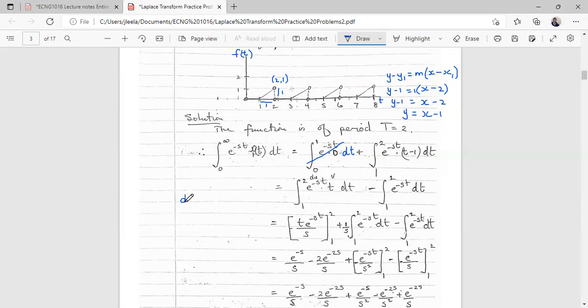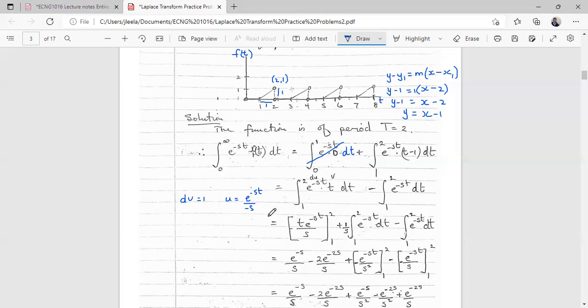From that you'll get du is 1, and you'll get v will be e to the minus st over minus s.